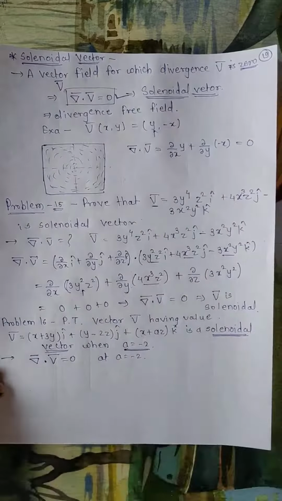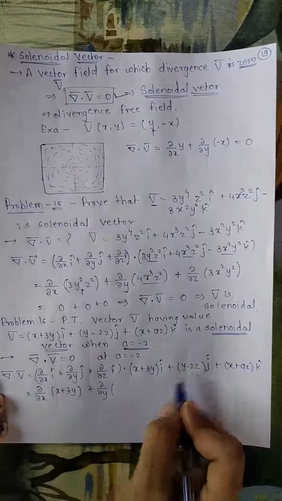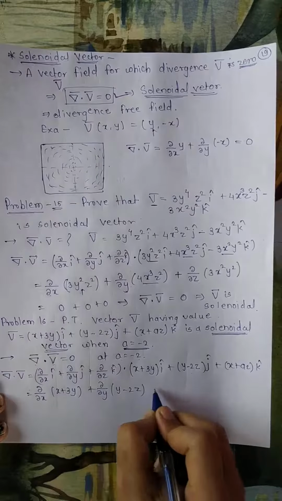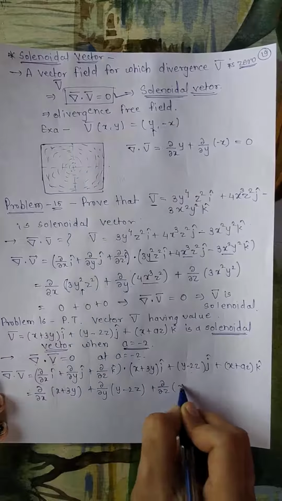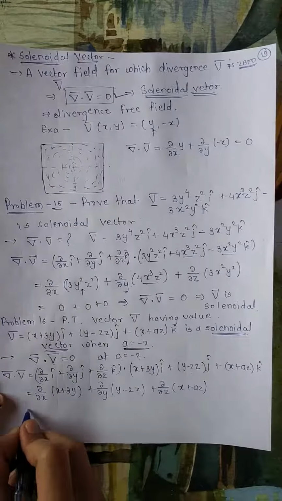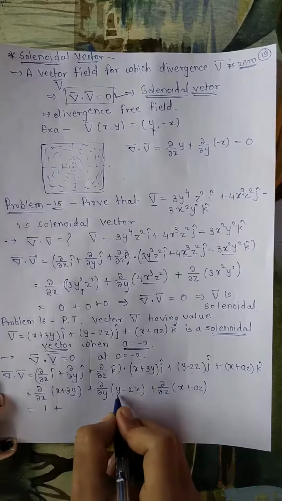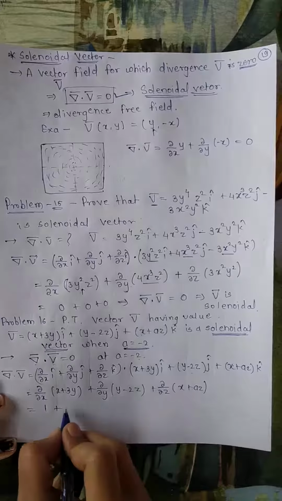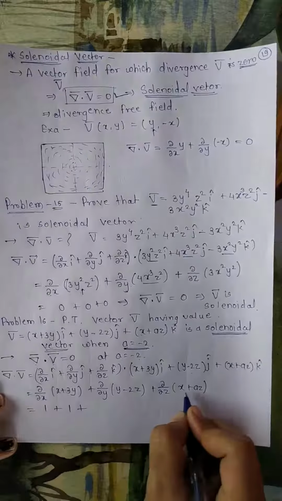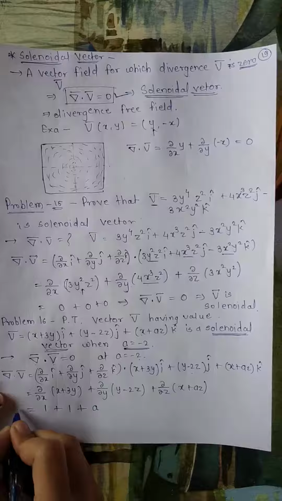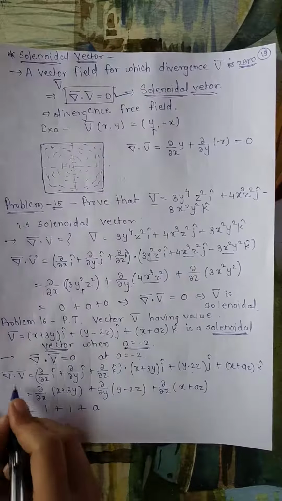I have substituted del bar and v bar. If you calculate this divergence, you will get dou by dou x of x plus 3y, plus dou by dou y of y minus 2z, and dou by dou z of x plus az. Calculating these derivatives, you will get 1 plus 1 plus a, and we are given that del dot v is 0.